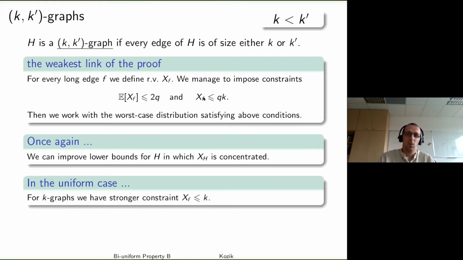I mean, in non-uniform case we worked with this kind of constraint, but in uniform it can be strengthened to this kind, just because that random variable xf is related to the number of vertices of long edge, and if H cannot have more than k vertices, this gives much better bound, and it automatically translates to polynomial lower bounds, like square root or cubic root or something like this. All right.